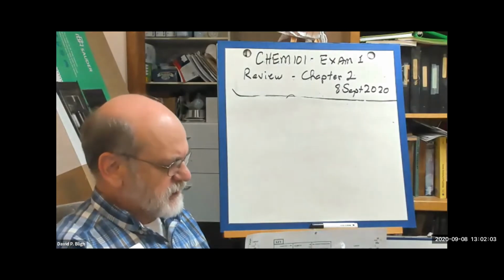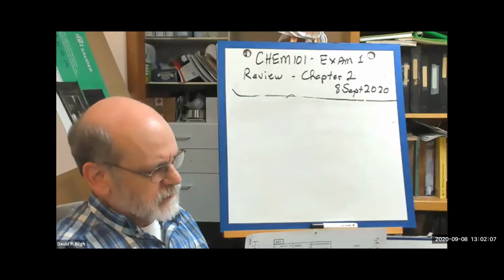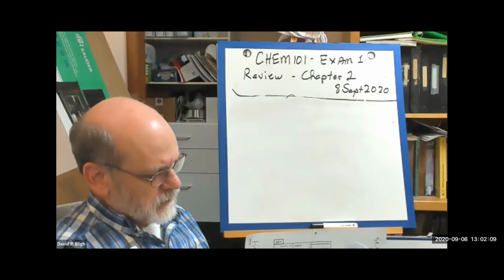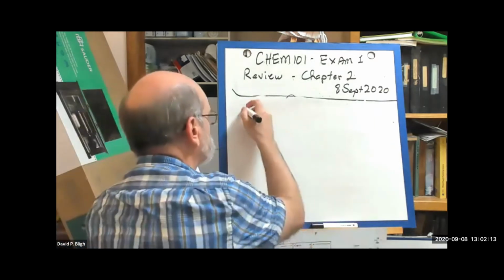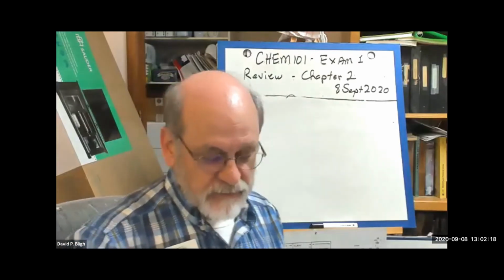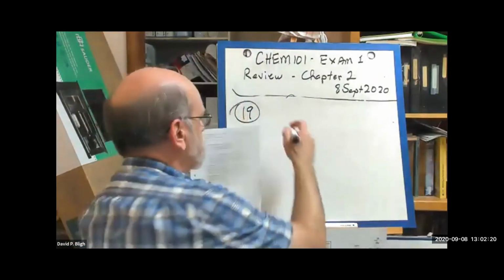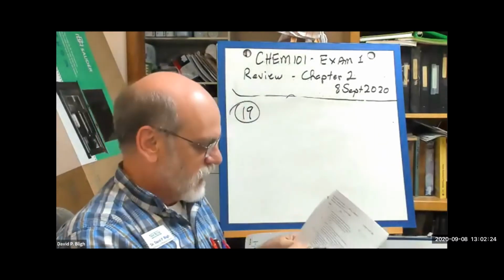Let's see. I need to get on to some other stuff here. Okay. How about number 19? Bromine exists naturally as a mixture of bromine-79. So how would we write that? Well, you could write it out.